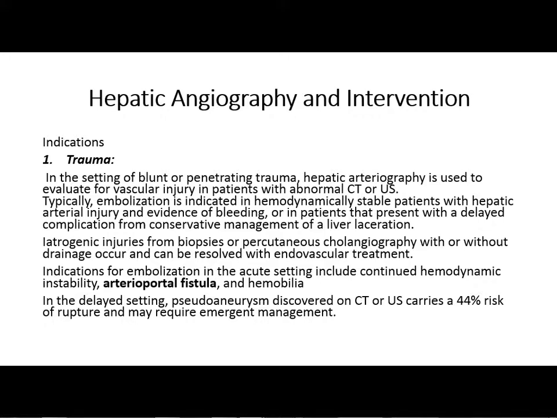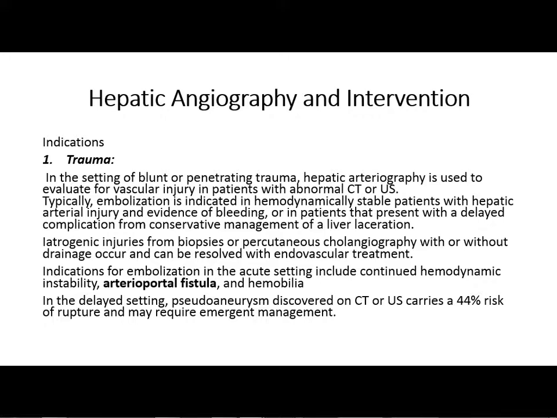Hepatic angiography and intervention. First, trauma. In the setting of blunt or penetrating trauma, hepatic arteriography is used to evaluate for vascular injury in patients with abdominal CT or ultrasound findings. Typically, embolization is indicated in a hemodynamically stable patient with hepatic arterial injury and evidence of bleeding, or in a patient who presents with a delayed complication from conservative management of liver laceration.